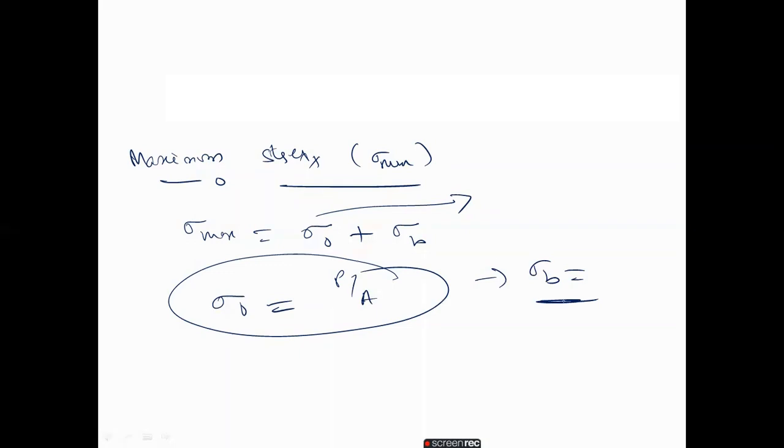Now we have to calculate the stress due to bending. We know the bending theory formula, M by I equals sigma b by y, so sigma b equals M into y by I.